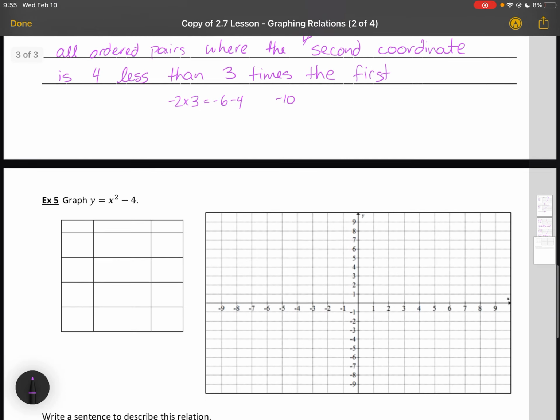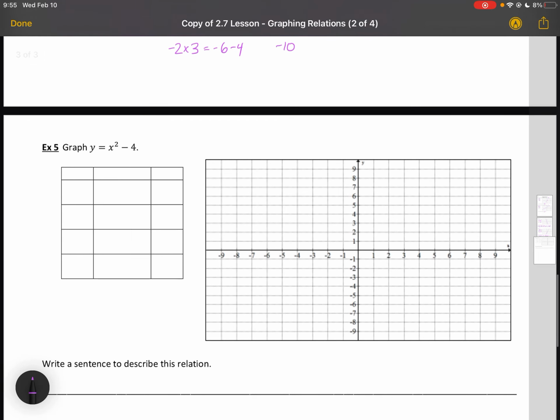Okay, so last example here, y equals x squared minus 4, x, what I'm doing to x, and then y. I'm going to choose my x coordinates here, use 1 again. Minus 2 squared minus 4 would be 4 minus 4, which is 0.